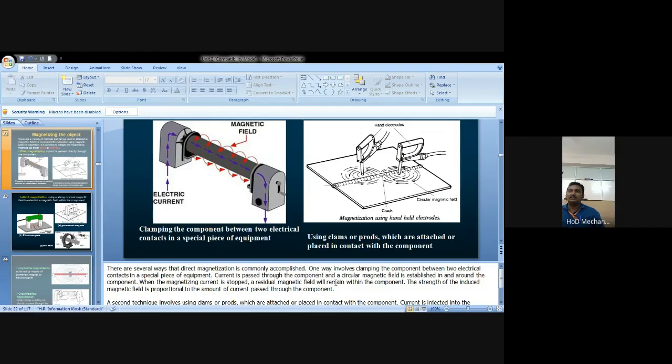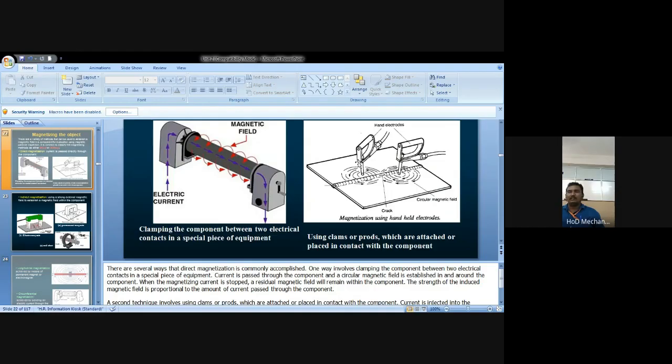The electrical current passed through these current carrying conductors induces the magnetic field in the given testing specimen. It is known as electromagnetic induction.